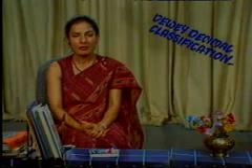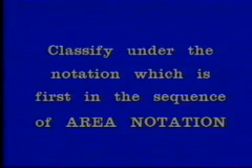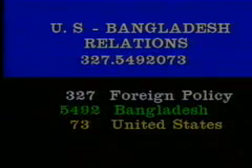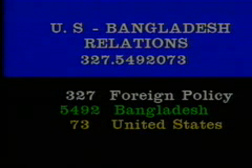When adding the numbers of two countries, and when both countries are foreign countries and the emphasis is equal, the rule says to classify under the notation which is first in the sequence of area notation. For example, a book on US-Bangladesh relations. In this number, Bangladesh is classified first because in the sequence of notation it precedes USA.